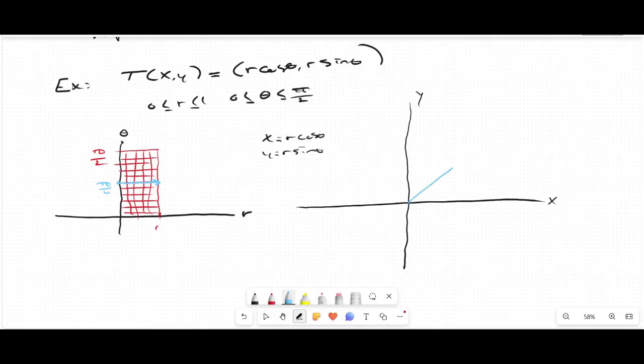They are going to move along this 45-degree angle. And then you go up to a different fixed theta, and you look at this transformation and X and Y will move along a different ray.